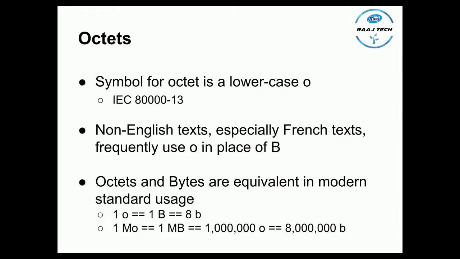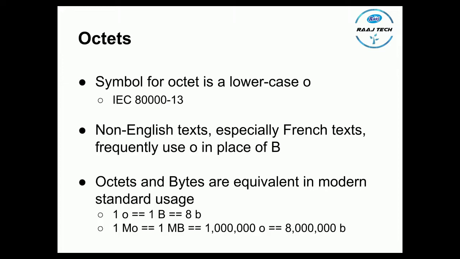Aside from networking text, lowercase o in place of uppercase B, in other words octet in place of byte, is used in non-English speaking countries and in non-English texts, especially French texts. So you'll often see things like 1 MO or 1 GO, and that's simply the equivalent of 1 megabyte or 1 gigabyte.